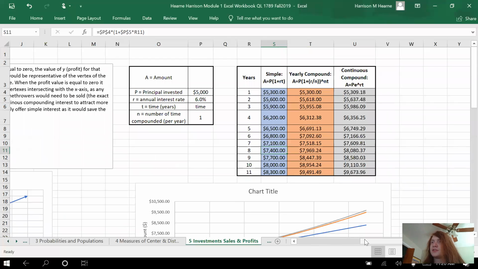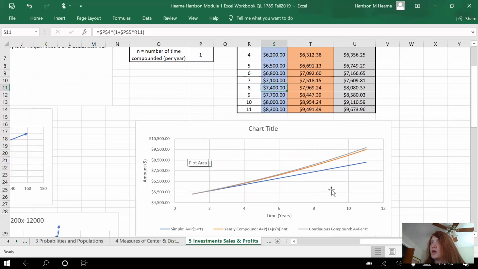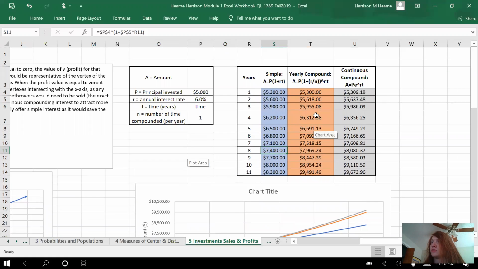But if you're an investor, you don't want this simple linear growth, because you can see it pretty quickly gets outpaced by these ones that are growing exponentially. With the exponential growth, either if it's being compounded yearly or being continuously compounded, they grow faster because the total amount is being constantly reevaluated.